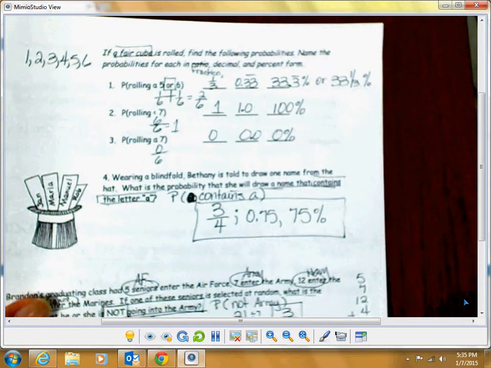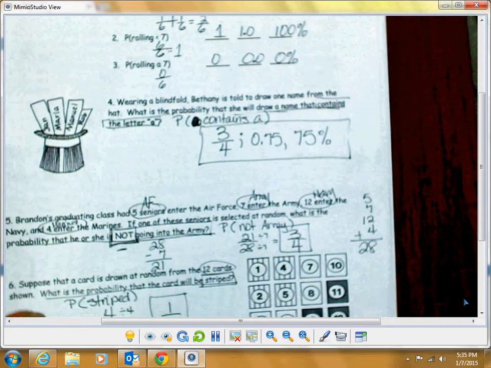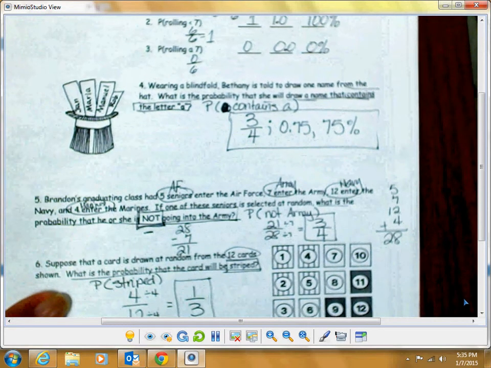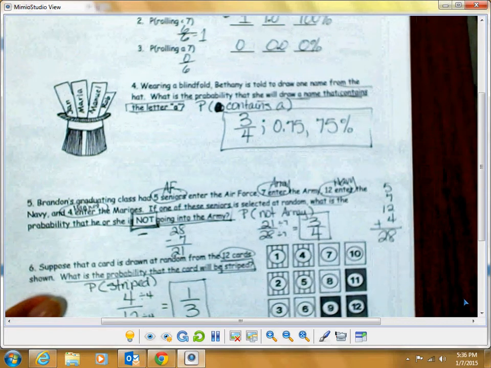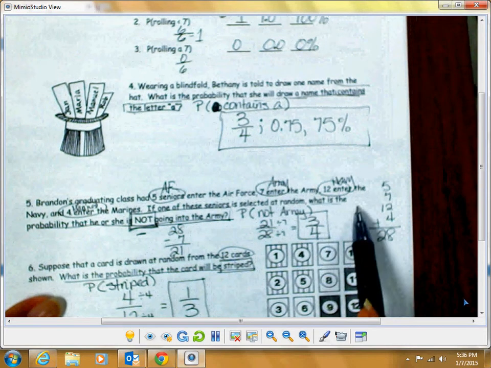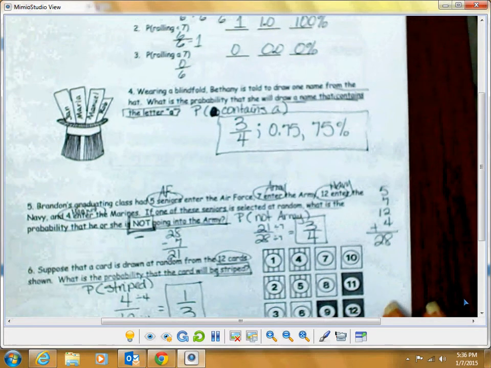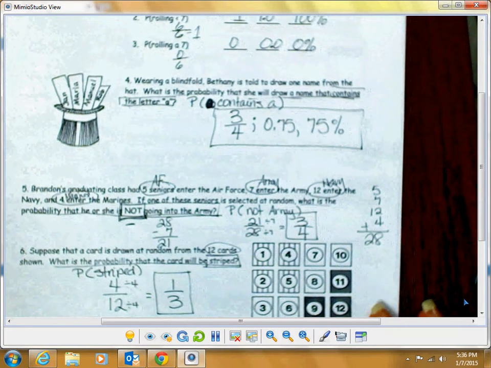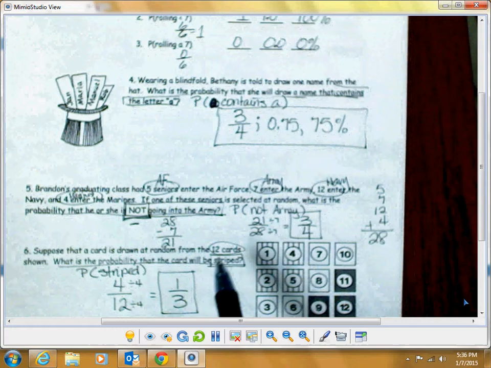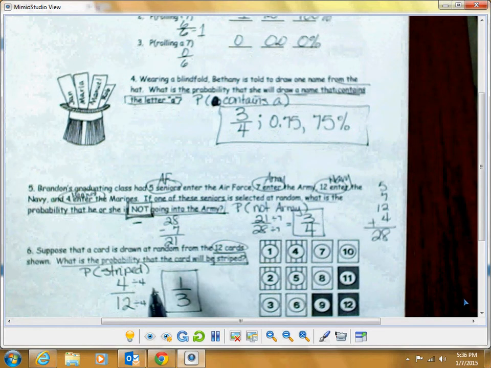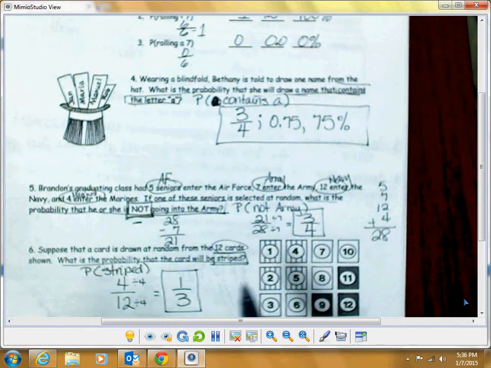Well, number 5 says Brandon's graduating class had 5 seniors that entered the Air Force, 7 entered the Army, 12 entered the Navy, and 4 entered the Marines. If one is selected at random, what is the probability that he or she is not going into the Army?